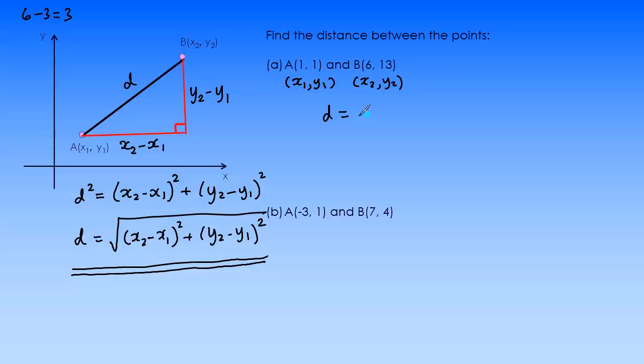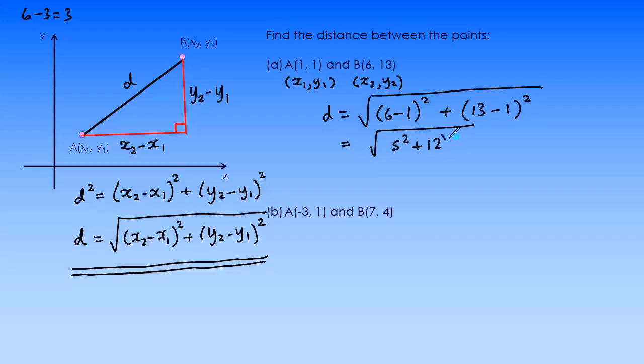Then d is going to be the square root of x2, which is 6, take away x1, which is 1, squared, and then y2 is 13, take away y1, which is 1, squared. So that's the square root of 5 squared plus 12 squared, which ends up being the square root of 169, giving us that d is 13 units.